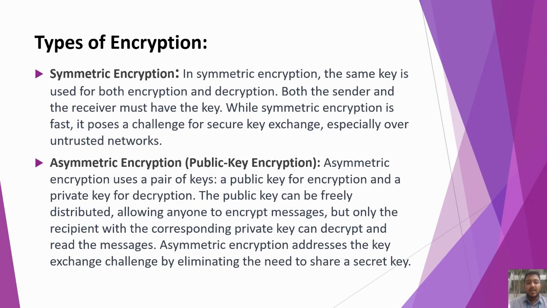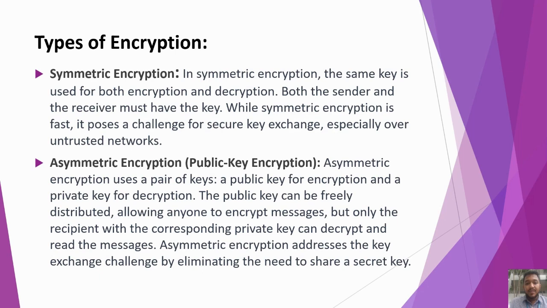Symmetric encryption. In symmetric encryption, the same key is used for both encryption and decryption. Both the sender and the receiver must have the key. While symmetric encryption is fast, it poses a challenge for secure key exchange, especially over untrusted networks.